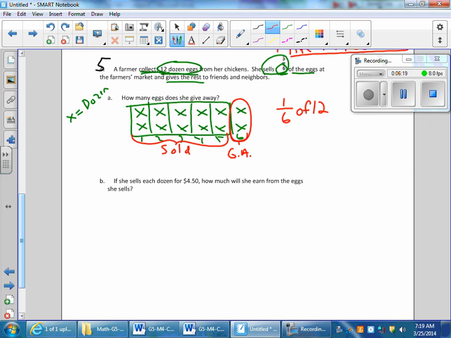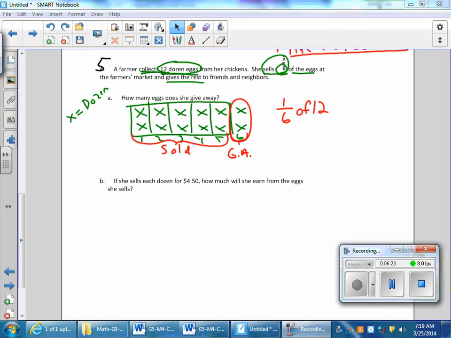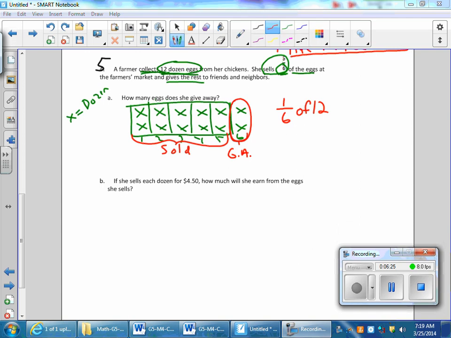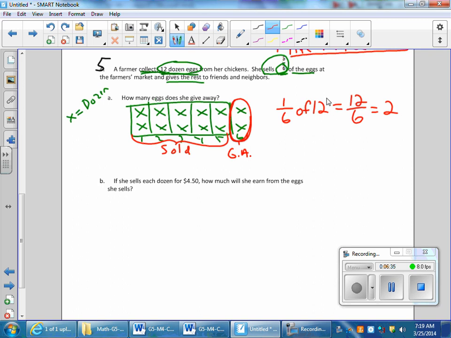Well, what's 1/6 of 12? 1/6 of 12 dozen is the same as 12 divided by 6, which is my 2 dozen. She gives away 2 dozen eggs.